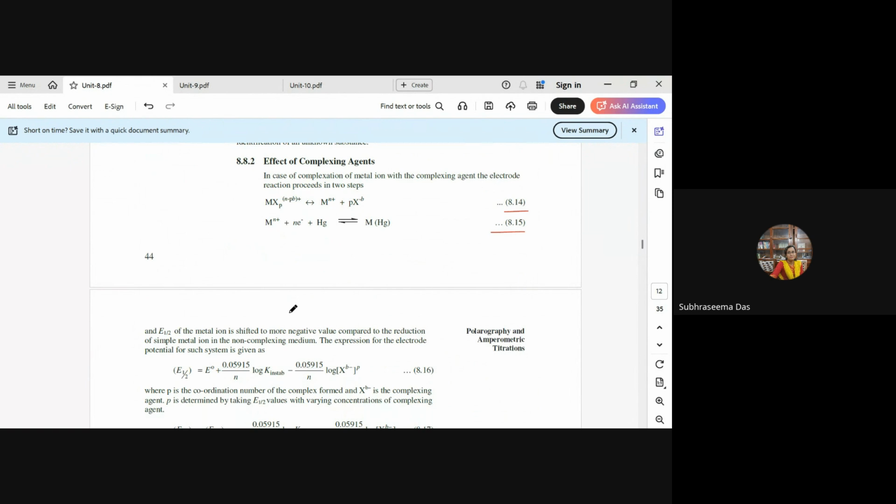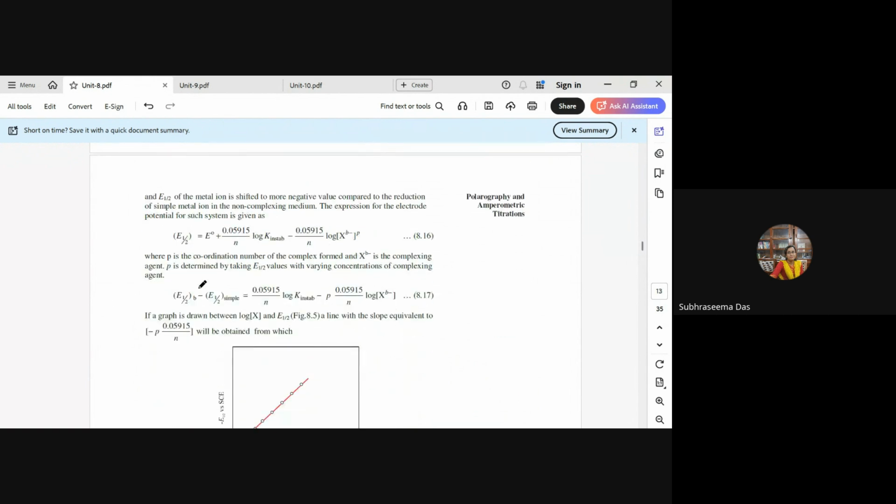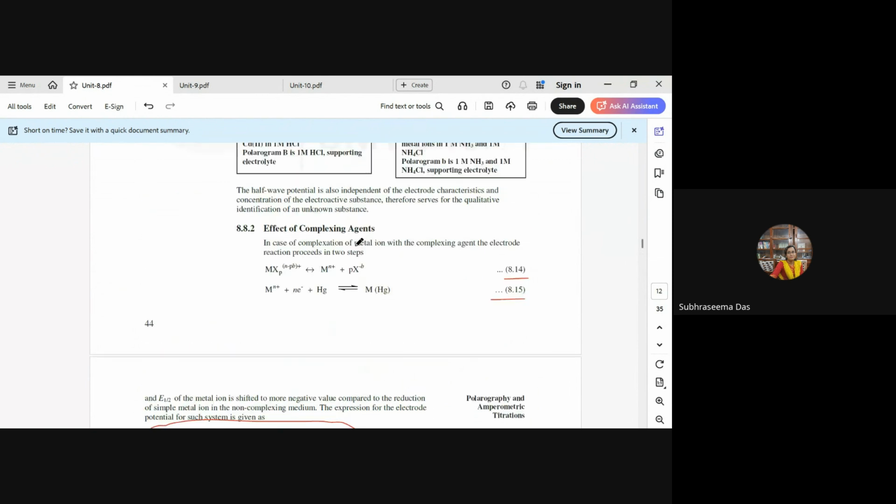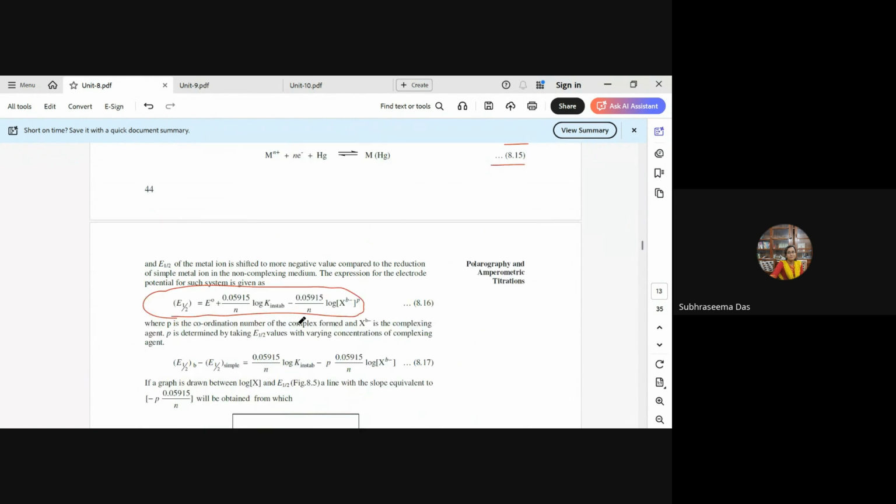The expression for the electrode potential for such a system, we can write as E half is equal to E0 plus 0.0591 by n log of K instability minus 0.0591 by n into p log of X minus b. Here p is the coordination number of the complex formed and X b minus is the complexing agent.